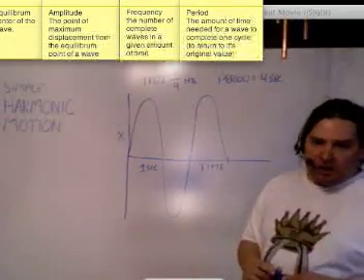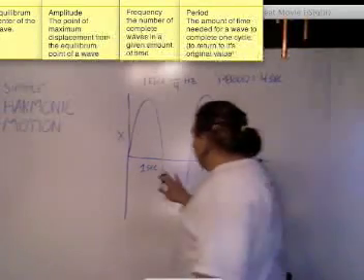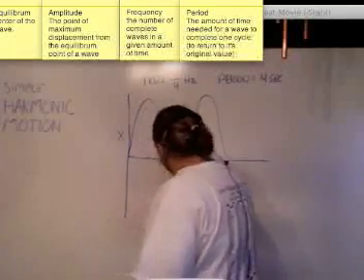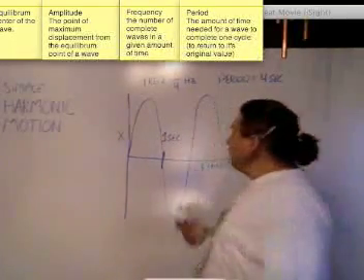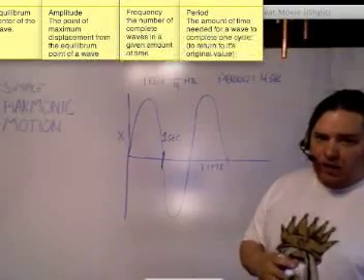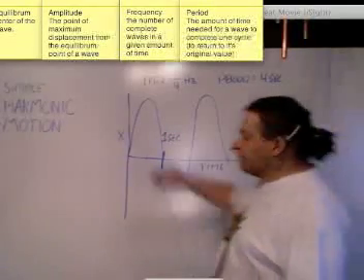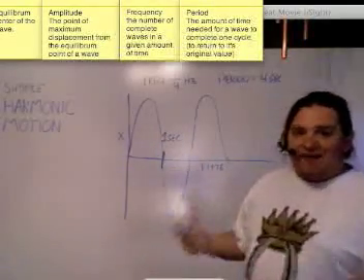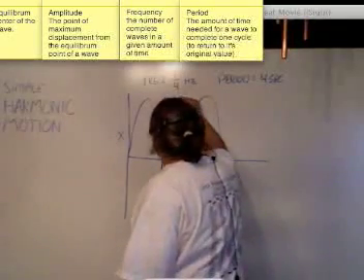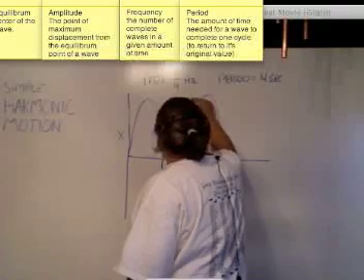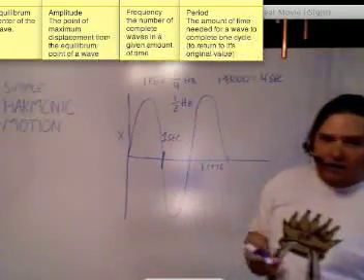Now, if I said instead this point right here, it takes 1 second, what's the frequency? Okay? Well, it's half of a wave, so I get a half of a cycle per second, so my frequency at that point would be 1/2 a hertz, or 0.5.